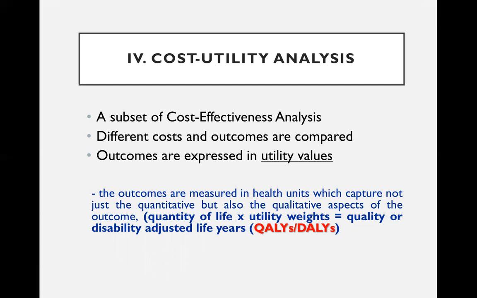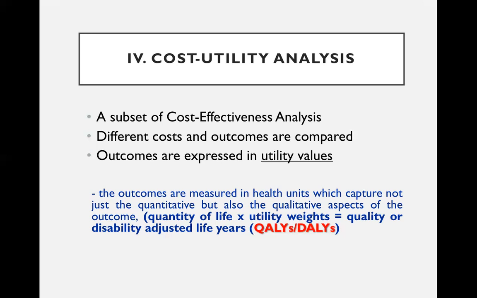So in cost utility analysis, you're not just looking at the number of years that you would gain from taking a certain intervention, but how your quality of life is in those additional years. So maybe taking a certain drug, you get to live 5 more years versus the other drug. However, if in those 5 years you're miserable, you have a lot of disabilities, you have a lot of comorbidities, you're very functionally dependent, then maybe that is not such a desirable outcome.